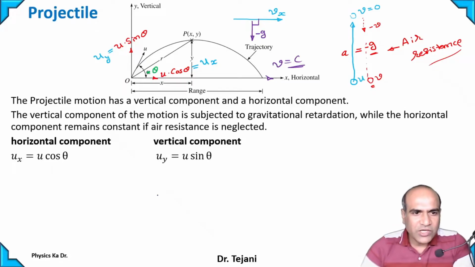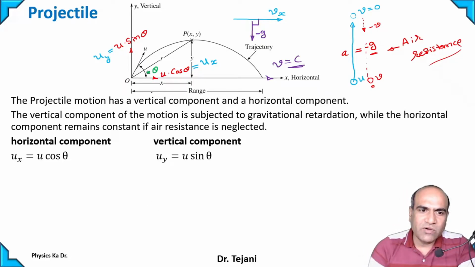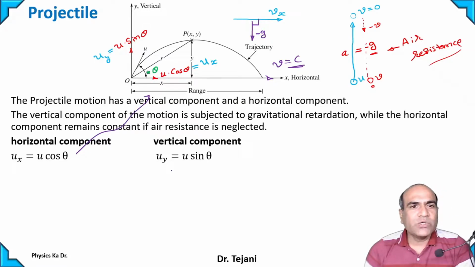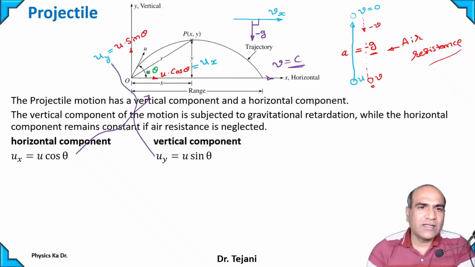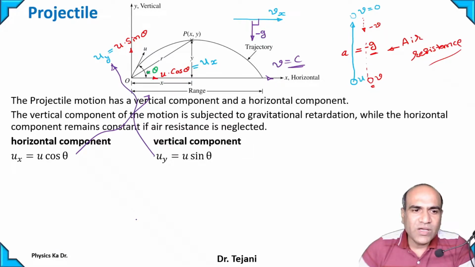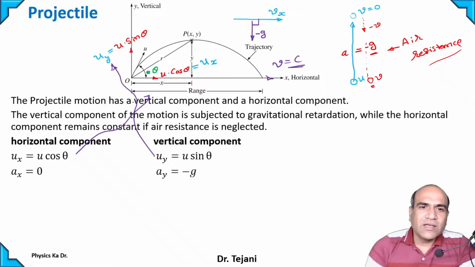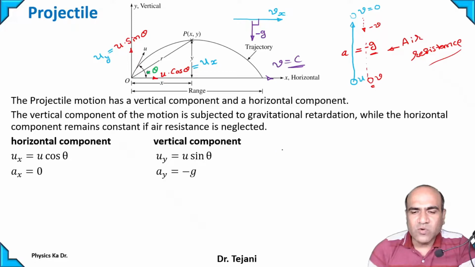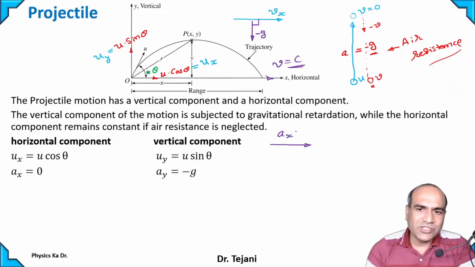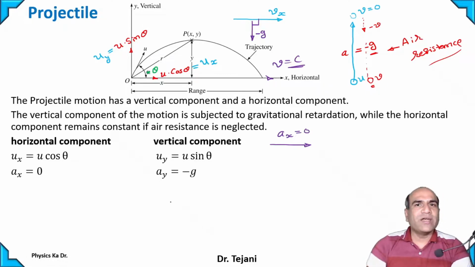We know that ux is equal to u cos theta and uy is equal to u sin theta, which we already saw. For horizontal movement, there is no acceleration in the x direction, since it is free movement.